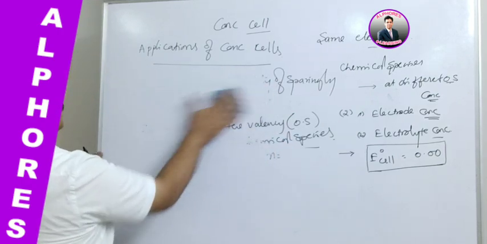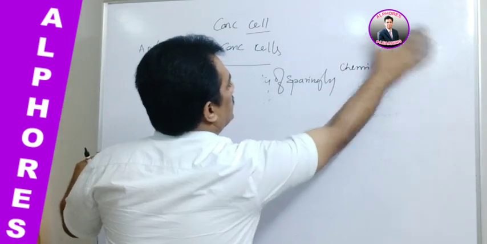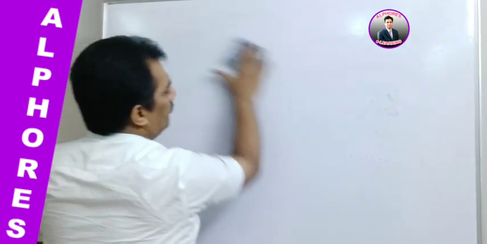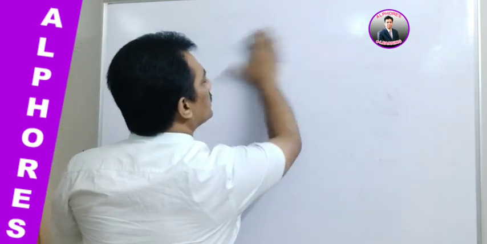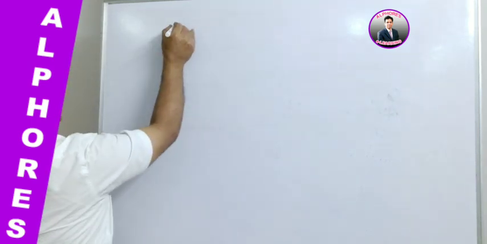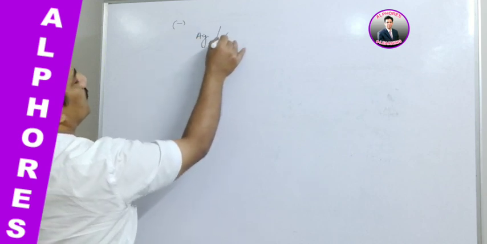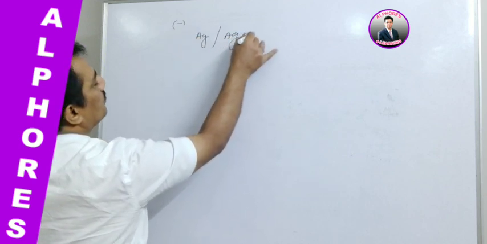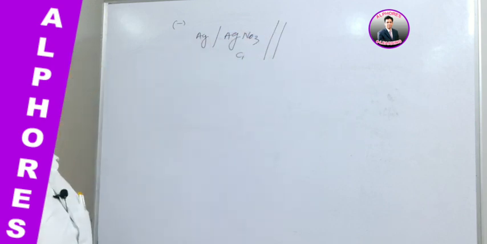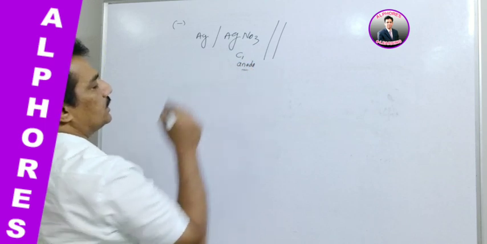First one, in finding the solubility of sparingly soluble salt. Let me explain this by taking a suitable example. With an example, it is easy to understand the concept. The anode is silver, with silver nitrate solution of C1 concentration, or we can say the anode concentration.